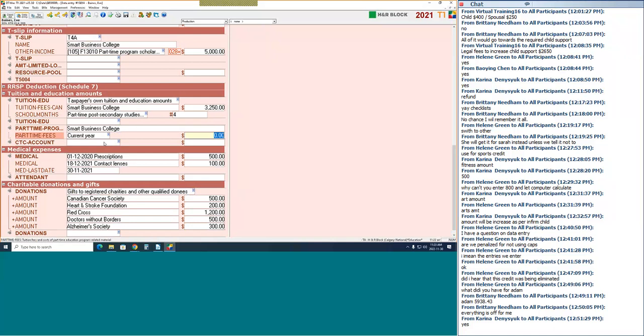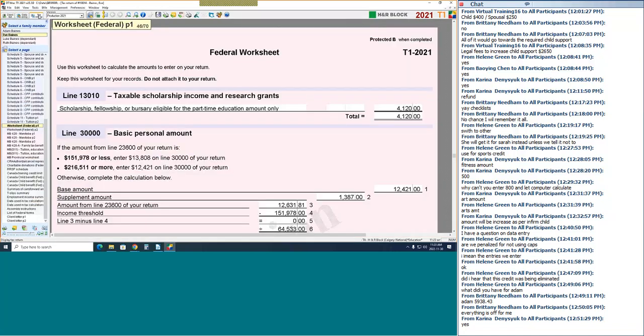Current year fees. Now it would be nice if I could just say 380 because I've already told the computer that she had tuition of $3,250. In a perfect world, that would do what I want it to do. In reality, it does not because it's not very smart.